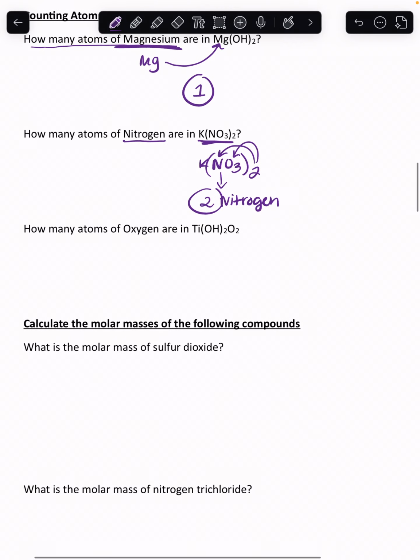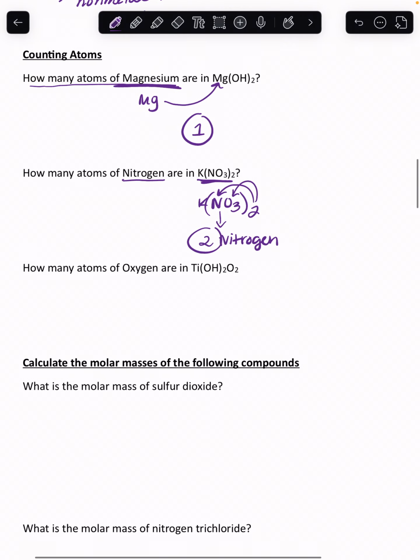Third one down, let's see. How many atoms of oxygen are in TiOH2O2? So there's one on the exam that looks kind of like this. It's a little bit more complicated, and you just got to work through it. Remember the distribution rule. So I'm going to pull this out, my OH2, and I will distribute inside. So I know I have 2 oxygens coming from this part of the compound.